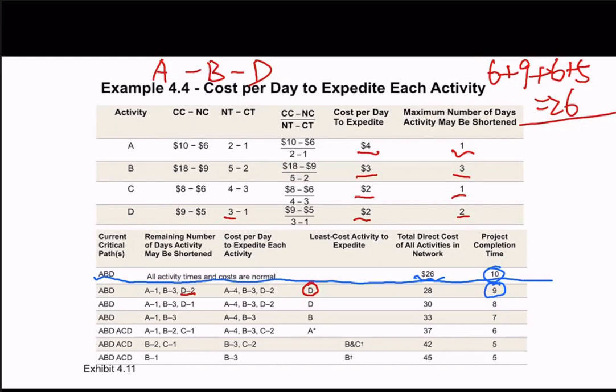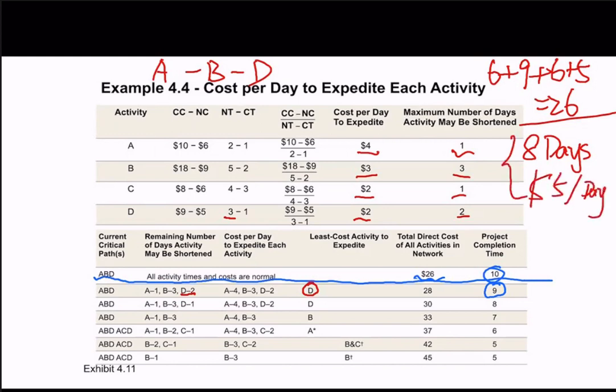We also know if the project takes longer than 8 days, the indirect cost increases at the rate of 5 per day.